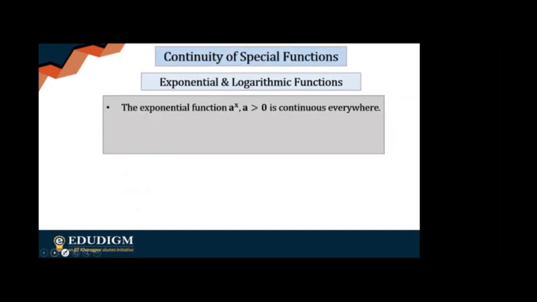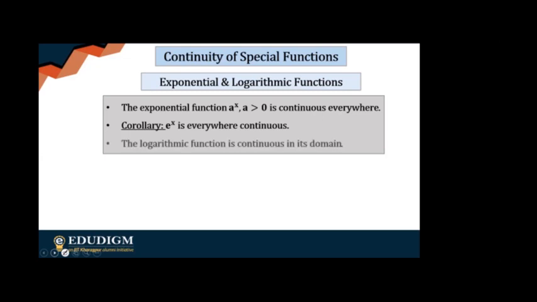I'll quickly tell you about certain other standard continuous functions. The exponential function is everywhere continuous, and as a corollary, e to the power x is everywhere continuous, because I'm just putting a as e, which is obviously greater than 0. Now, this is very, very important.